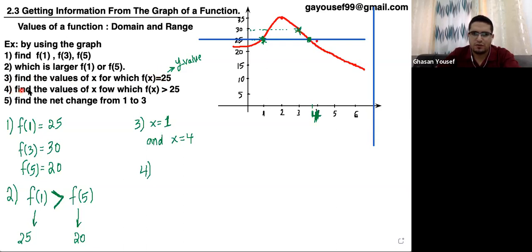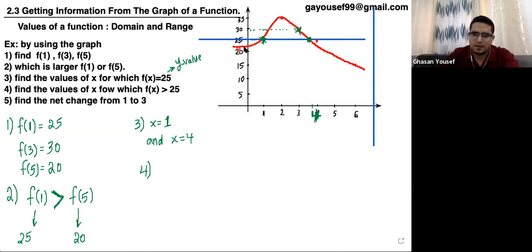But for number 4, find the values of x for which f of x is greater than 25. This means you have to graph a line like this, the blue one, and look where the red curve is above this line. As we see here, at 25, the curve is above this line in this interval.